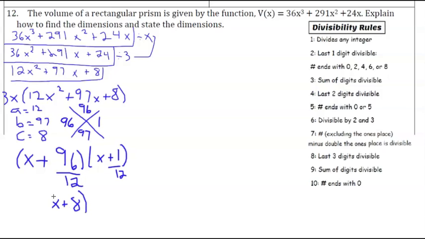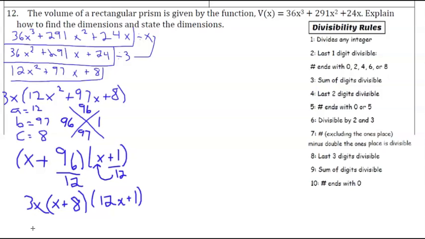So x plus 8, and then we'll slide this 12 to the front because it's already simplified. 12x plus 1. And then we'll write the 3x in the front. So these are your dimensions.